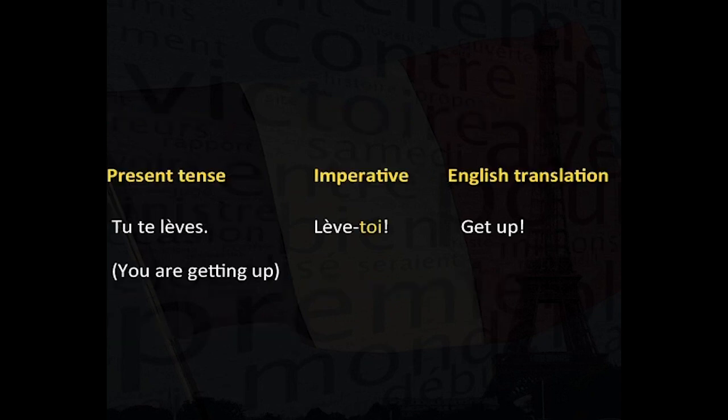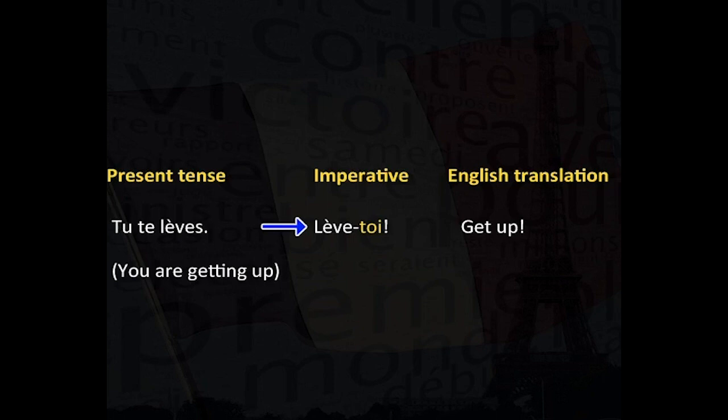Let me repeat. Tu te lèves, which means you are getting up, becomes lève-toi, get up. The reflexive pronoun te is converted to toi, and this new pronoun, which is a stress pronoun, is placed after the verb.